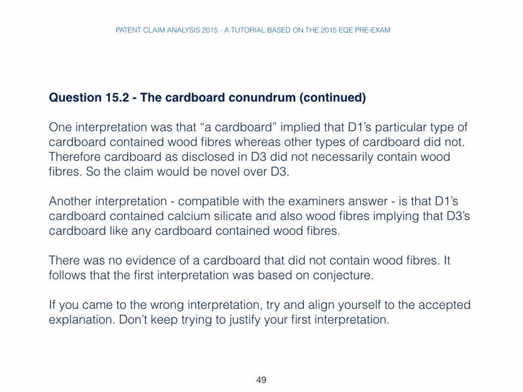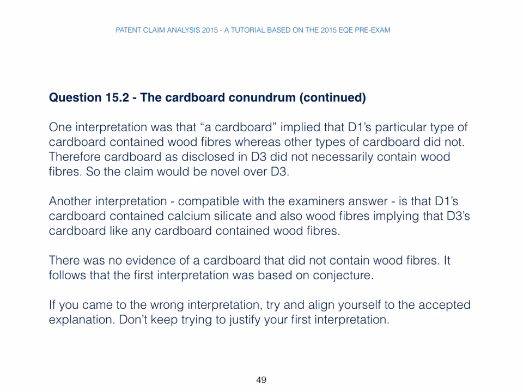One interpretation was that the term a cardboard implied that D1's particular type of cardboard contained wood fibers, whereas other types of cardboard did not. Therefore, cardboard as disclosed in D3 did not necessarily contain wood fibers, so the claim would be novel over D3.